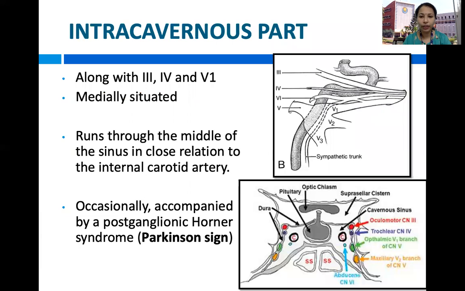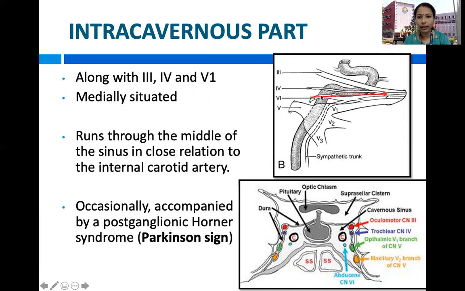So after passing through the Dorello's canal, it enters the intracavernous region, and here it lies in close proximity with the third cranial nerve, as you can see here in the picture, the fourth cranial nerve, as well as the first division of the fifth cranial nerve, which is the ophthalmic division of the trigeminal nerve.